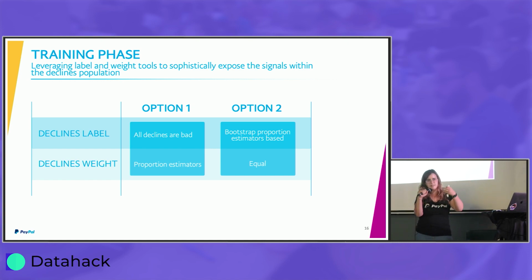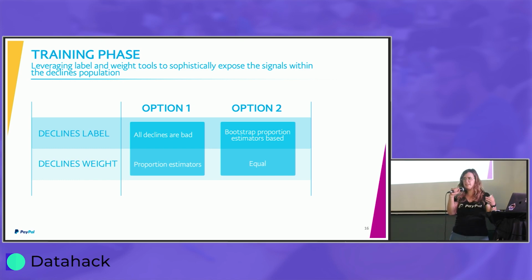In that case, this decline would be exposed to the model in a way that correlates with how likely that decline is to be bad. So let's say it has a 70% chance of being bad, so it will get a weight of 70%. If we have another decline that is less likely, it will be less exposed to the model. This is one option.